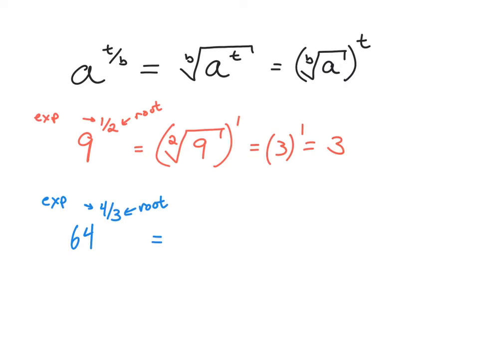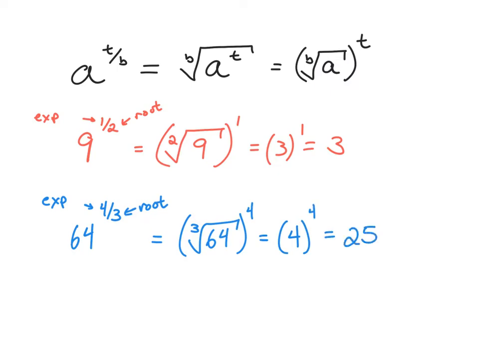So this is the third root of 64 raised to the 4th power. Now you can use technology, a computer or calculator, to figure out that the third root of 64, or the cube root of 64, is in fact 4. And then you can raise 4 to the 4th power and get 256.